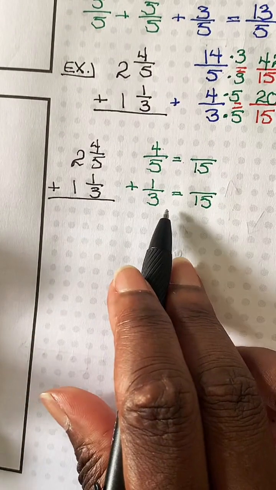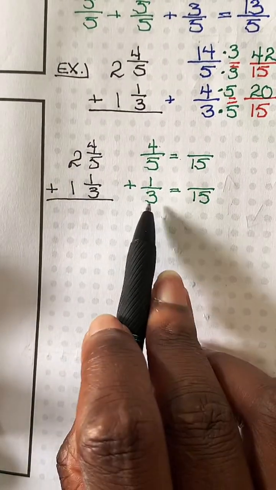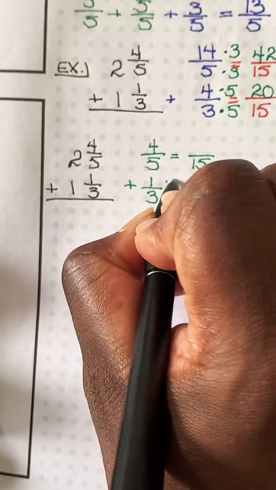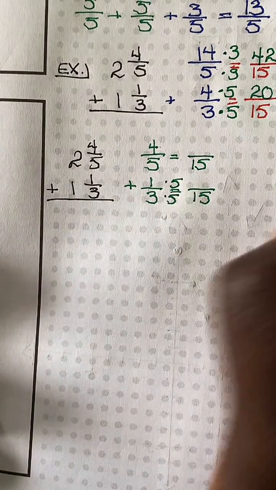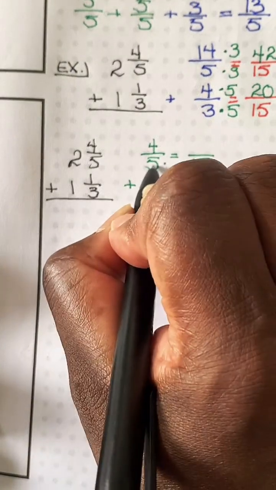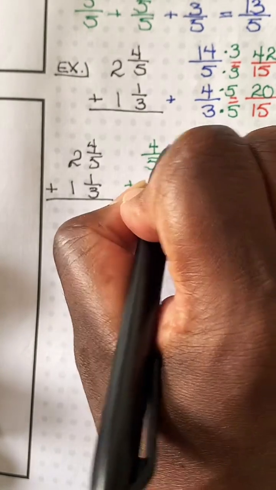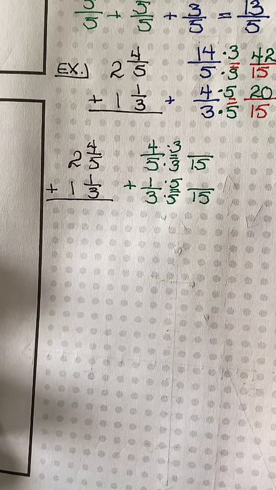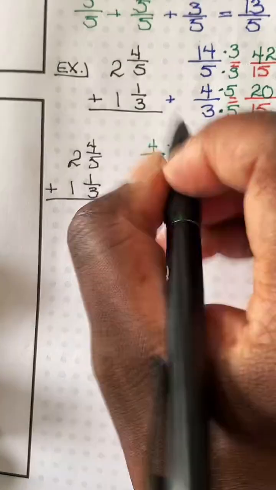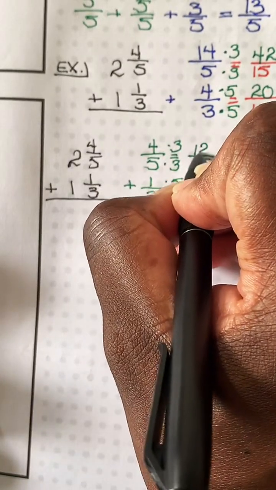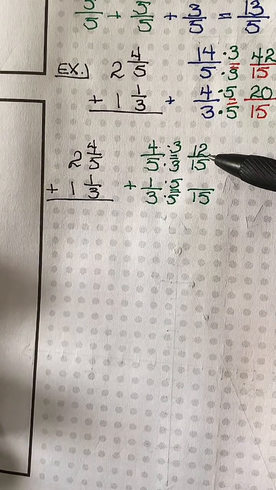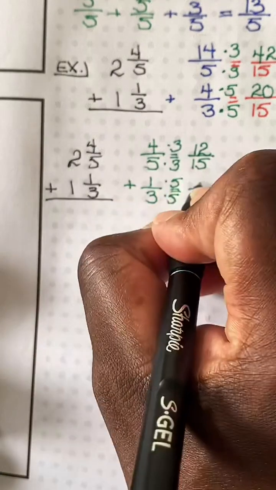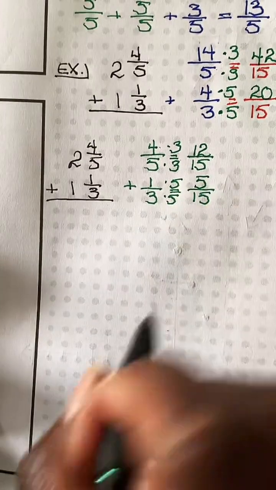I need to multiply 5 by the 3 to get my 15, and I need to multiply this 5 by 3 to get that 15. So now we have 4 times 3, which gives us 12. So that's my new numerator for the top fraction. Then we have 1 times 5 to give me 5.